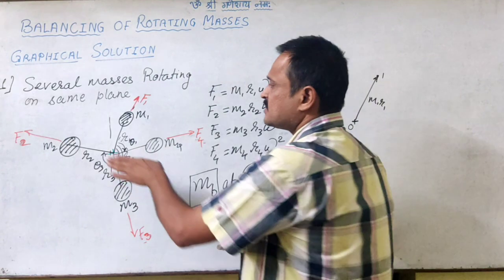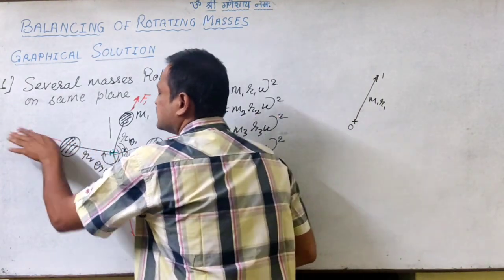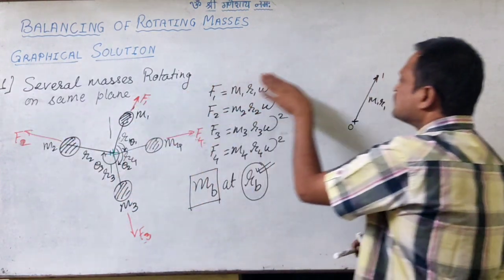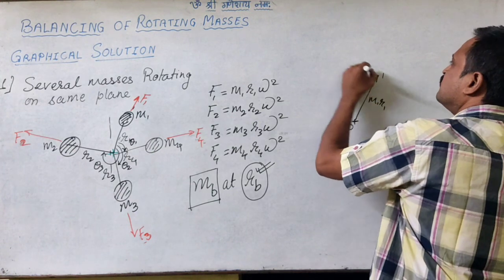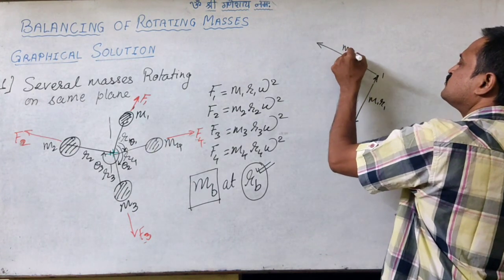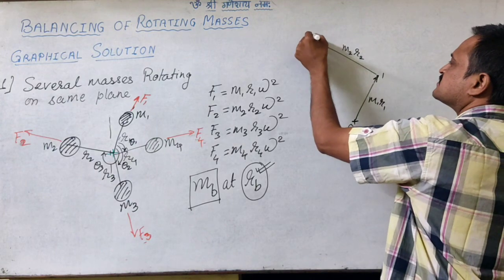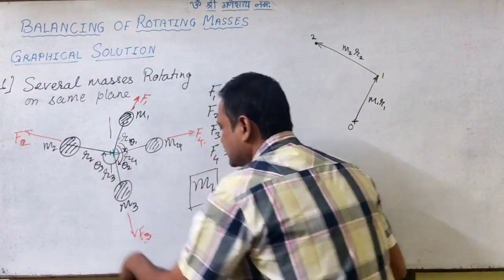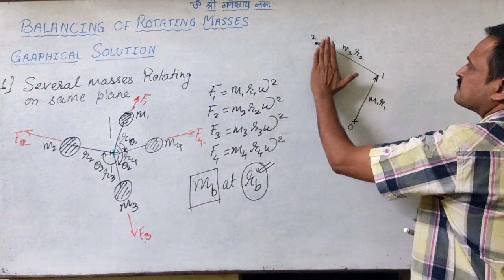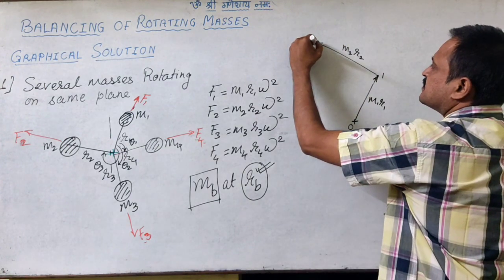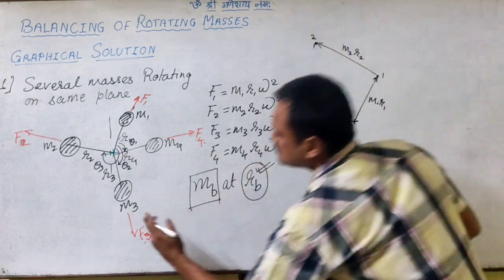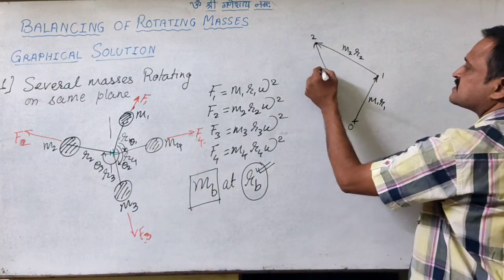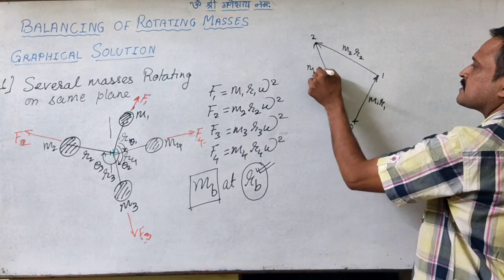Then F2 is acting in this direction, radially outward from the pole. So I can draw a vector with a magnitude of M2 R2, say in this direction. So this is M2 R2. Let us say this is point 2. Then F3 is acting in this direction, so parallel to this, I get this as M3 R3.